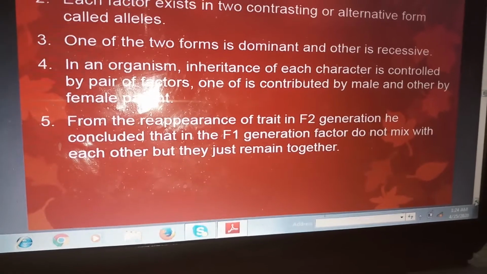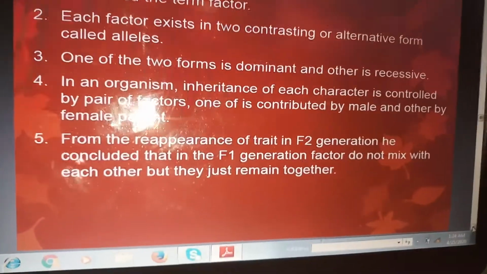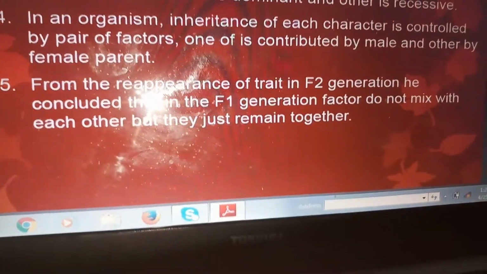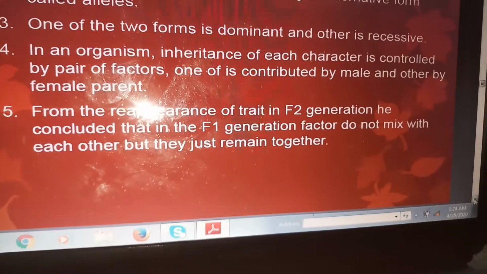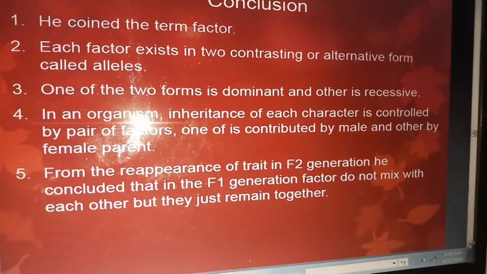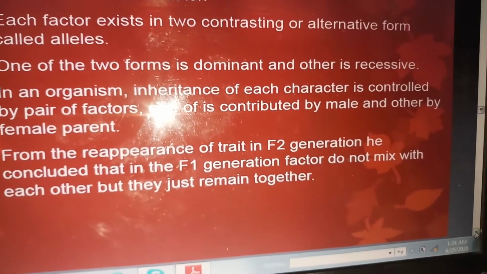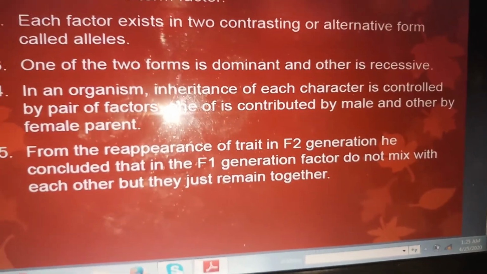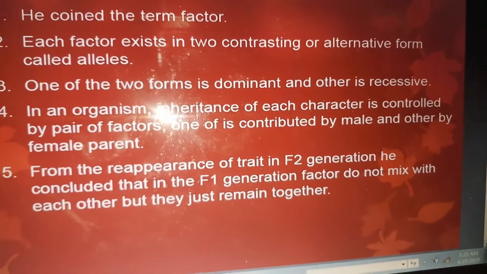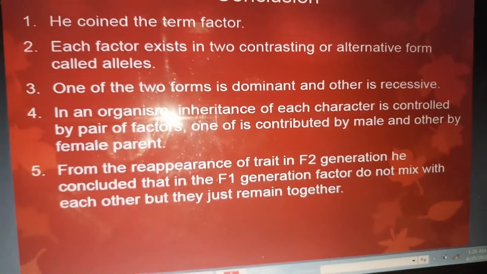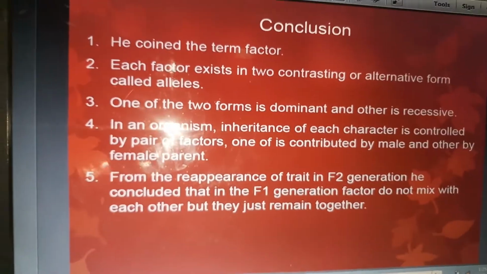In an organism, inheritance of each character is controlled by pairs of factors. One is contributed by the male and the other by the female parent. From the reappearance of the trait in the F2 generation, he concluded that in the F1 generation, factors do not mix with each other, but just remain together.